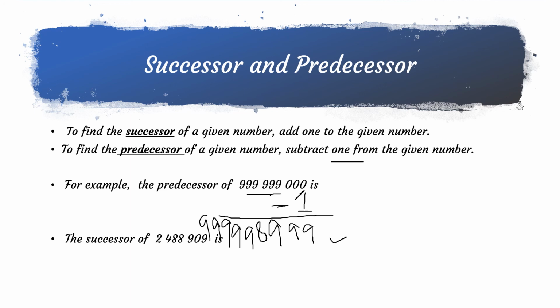And to write successor, what we do is we just add 1 to the given number. It will be this. So this is how we write successor and predecessor. It's very easy. For predecessor we just subtract 1 from the given number, and for successor we just add 1 to the given number.